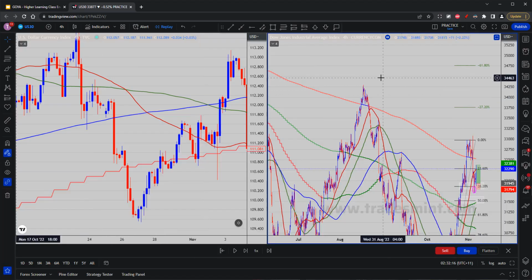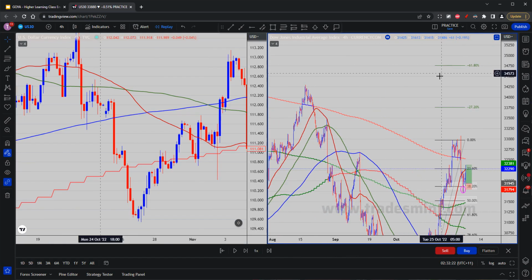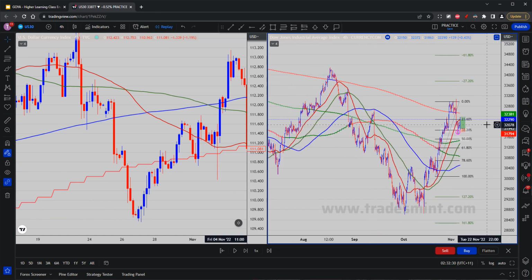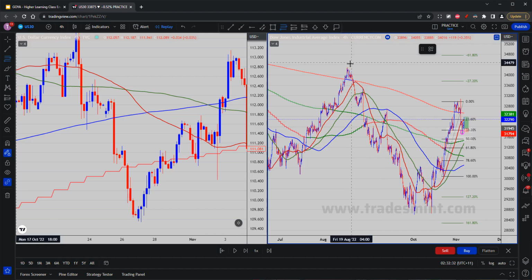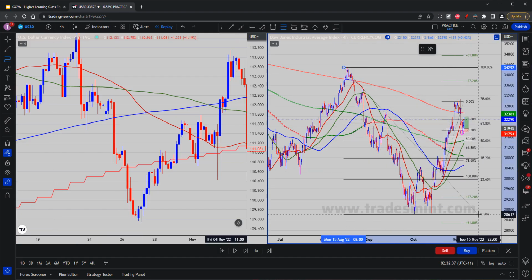If we look at the area of confluence, the minus 61.8 is quite far. Minus 27 is at 33,750, which looks good. We can even try an inverse fib from this section to see if it matches with a 78. No, 78, it was actually the reaction. Okay, so this fib is useless.